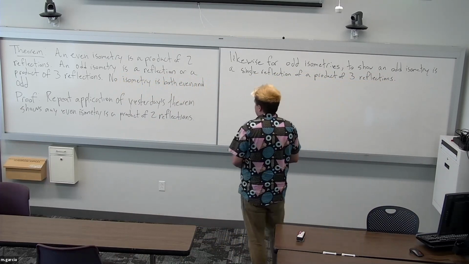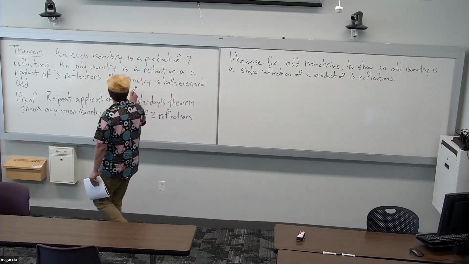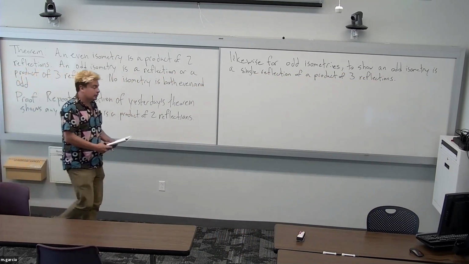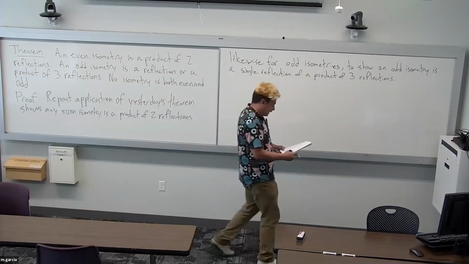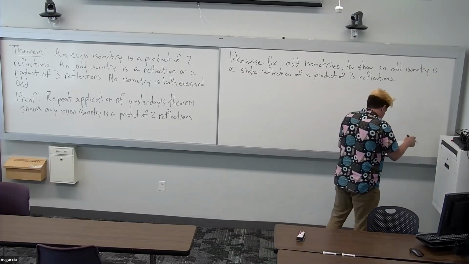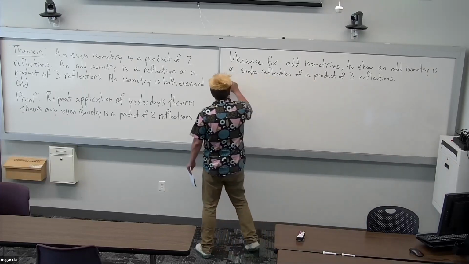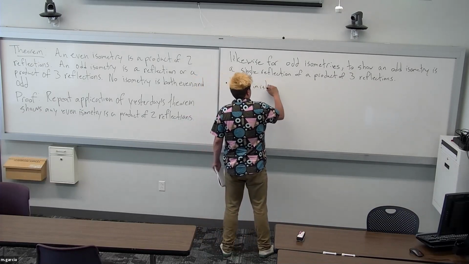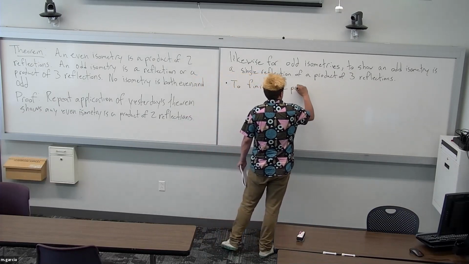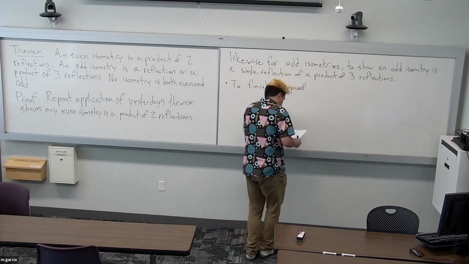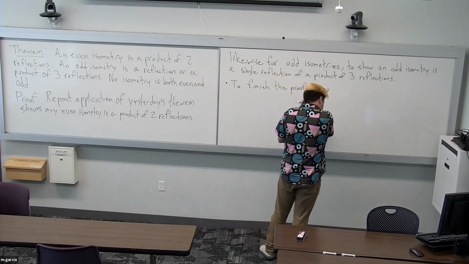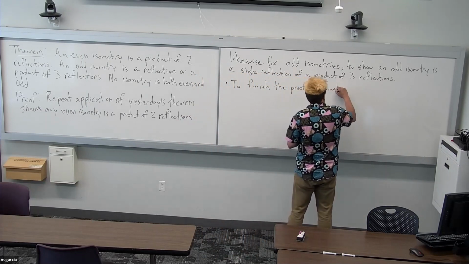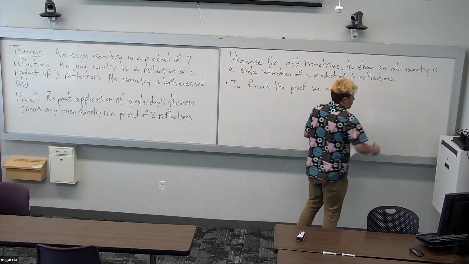Now, we still have to address this last part of the theorem that no isometry is both even and odd, which is the most important thing that we wanted to know. So, to finish the proof, we must show, what must we show?